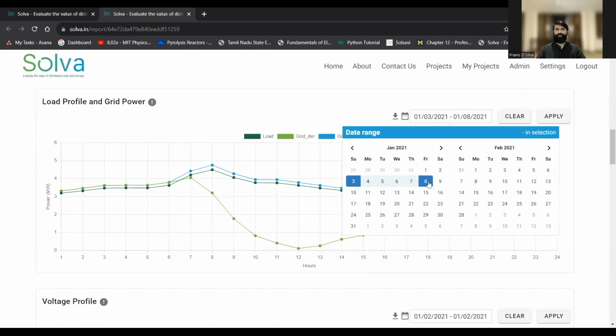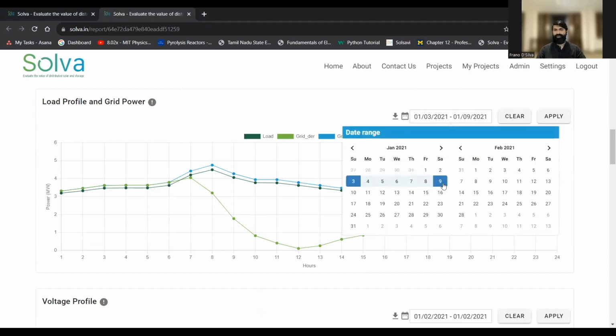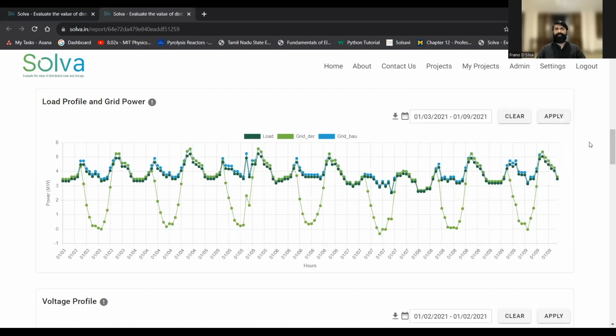Here, to show you how the results can be achieved, I select a range of 1 week and click apply and view the results. The load is represented in dark green, while the grid in the BAU case is in blue, and the grid contribution in the DER case in light green.